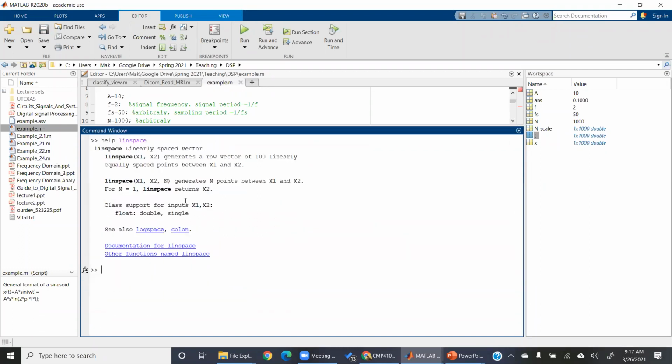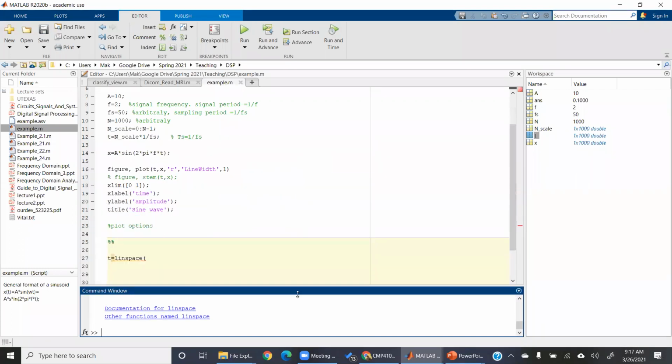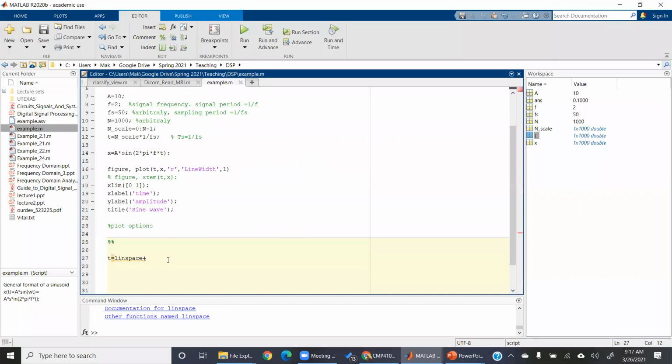It tells you that it generates a row vector, the default is 100 points. linspace(X1, X2, N) generates N points between X1 and X2. So if I, let's say, wanted to generate points between 0 and 10, and I want to generate 1,000 points.